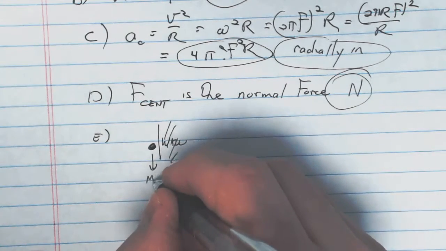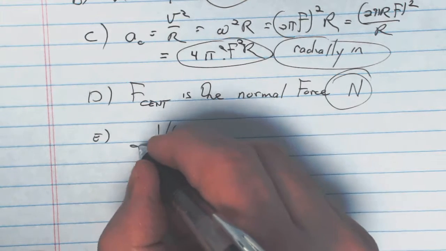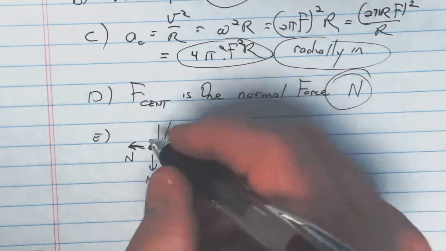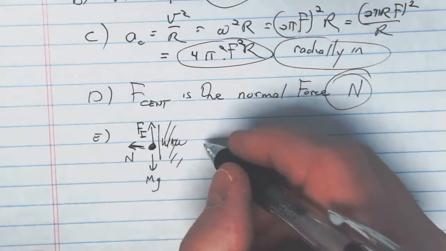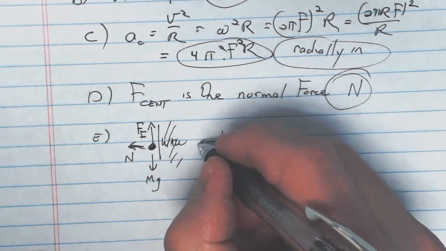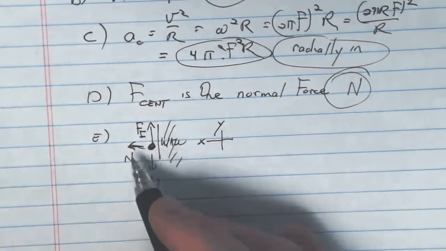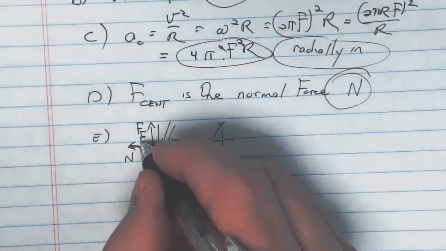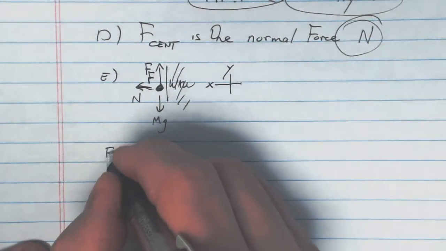The forces acting on her are mg down, the normal force from the wall, pushing perpendicular to the wall, and the force of friction, F sub F, holding her up. And I'll draw a coordinate system like this, x and y. Okay. So we have three forces: normal force, gravity, and the force of friction.